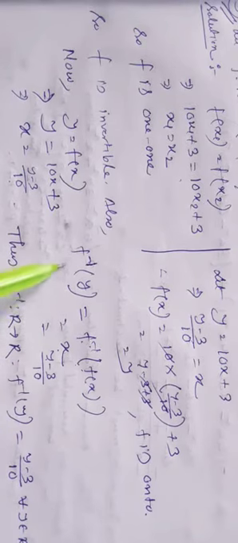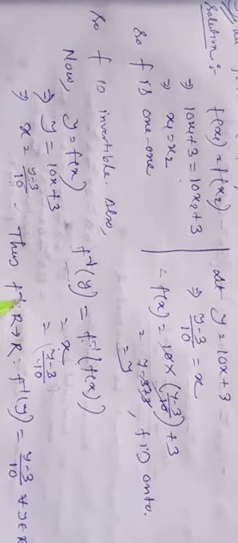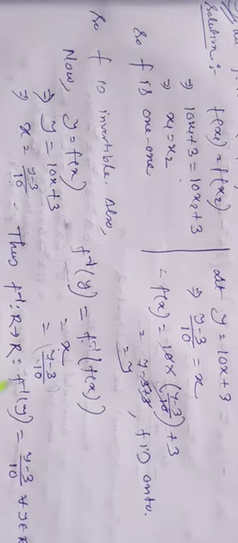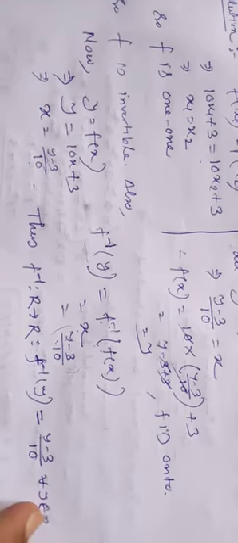Okay, so that is my f inverse of y. This way we come from the range set back to the domain set. Thus my f inverse is from R to R, defined by f inverse of y = (y - 3)/10 for all y belonging to R.